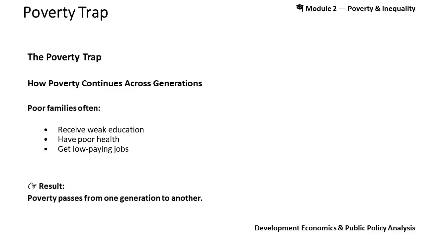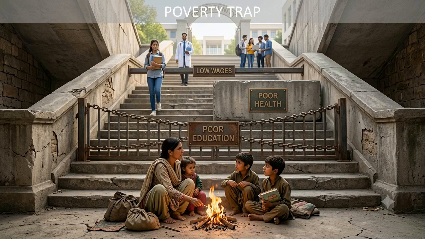Poverty trap. One of the most difficult challenges in development economics is the poverty trap. A poverty trap occurs when poverty perpetuates itself across generations. Poor families often cannot afford quality education. As a result, children acquire fewer skills. Poor healthcare further reduces productivity.